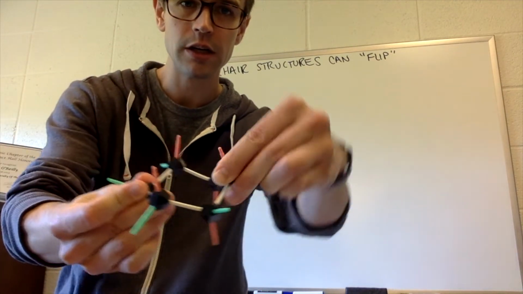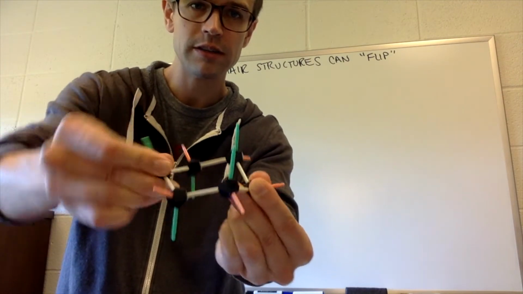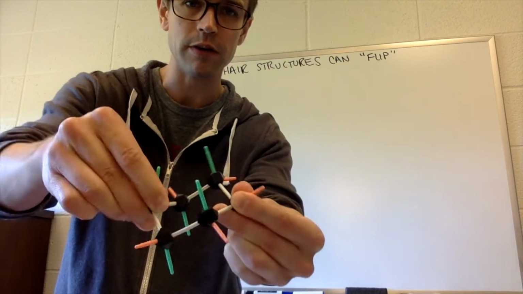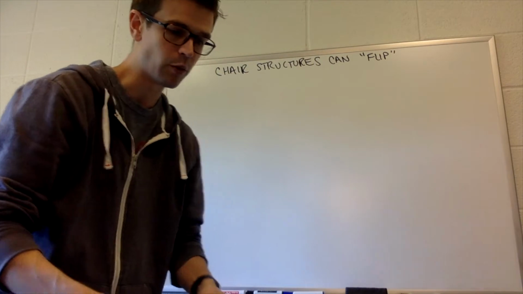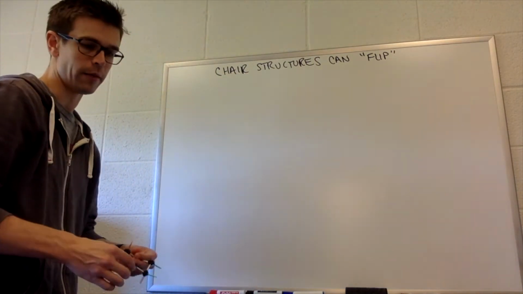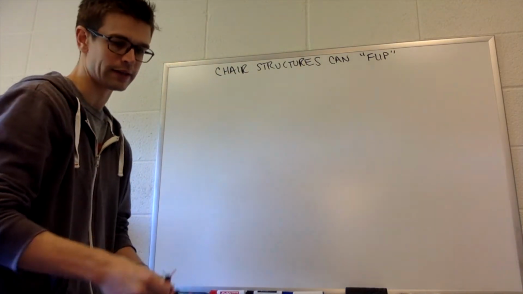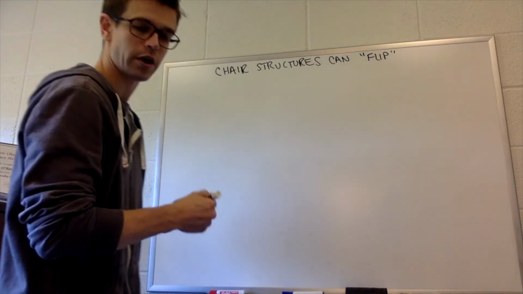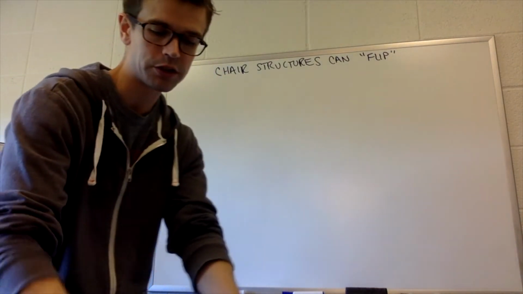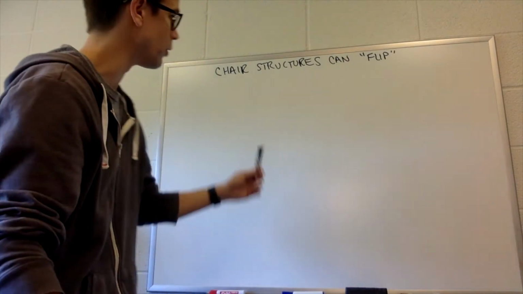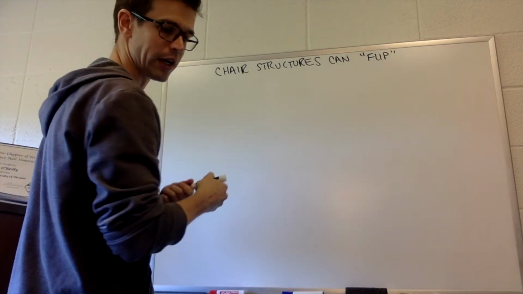So essentially, it's just a semi-rotation of a few different bonds. So what does that look like overall? Let's draw a few chair structures to show what we just showed with this model. Let's show that with two-dimensional chair structures.